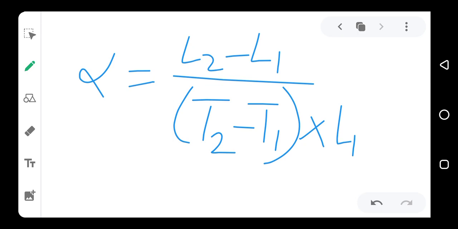So this is the formula for linear expansivity, and I said that the unit of linear expansivity is per Kelvin.